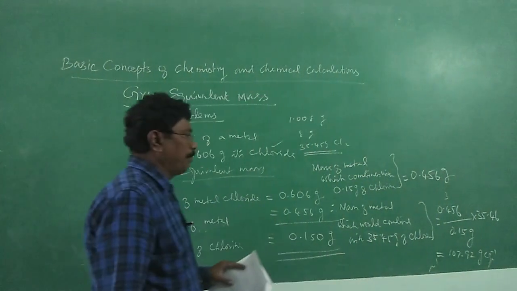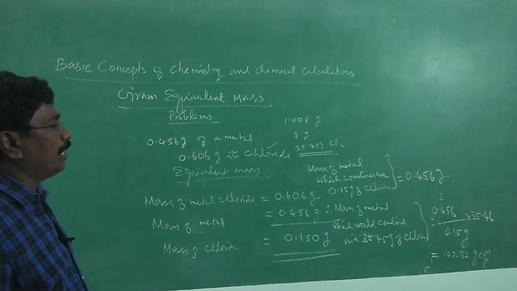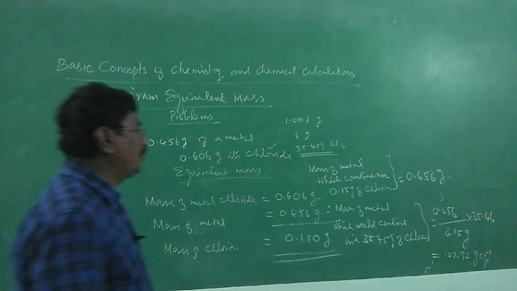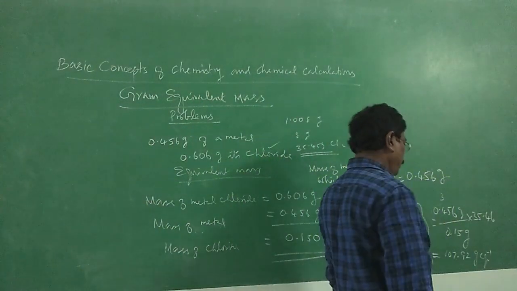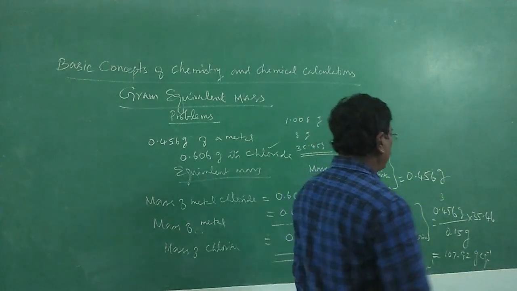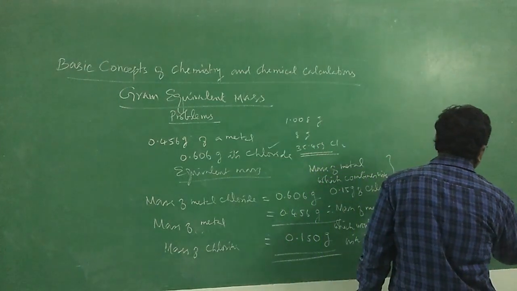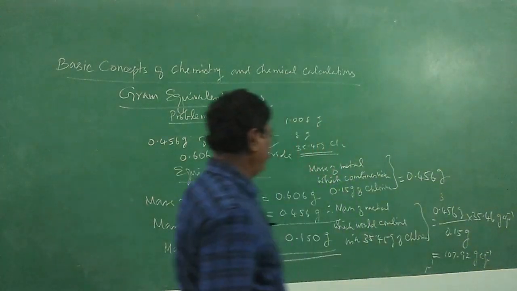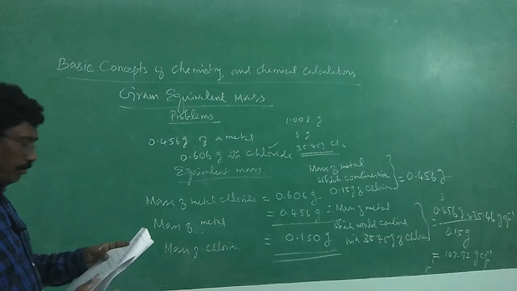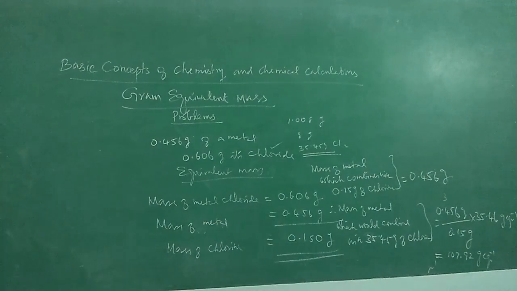So 0.15 gram of chlorine combines with 0.456 gram of metal. Here 35.45 is the equal mass of chlorine, gram per equivalent. So you will be getting this. That's all about the first sum given in Evaluate yourself.